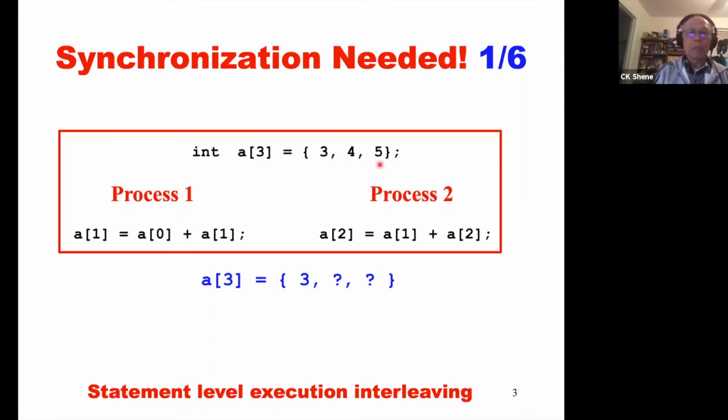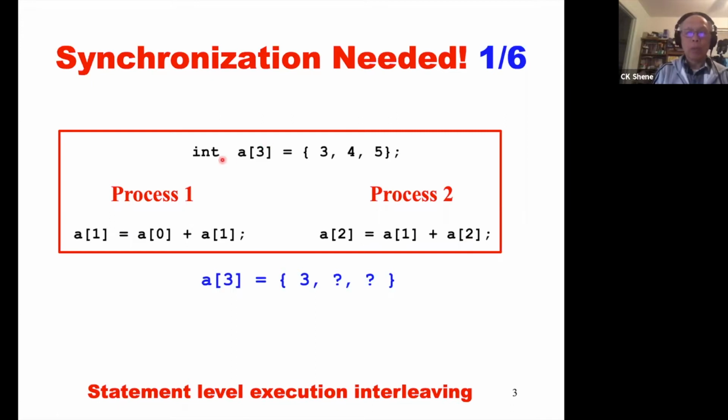Process 1 adds A0 and A1 together. The result would be saved to A1, which modifies its original value. Process 2 takes the values in A1 and A2, computes the sum, and saves the result back to A2, overwriting the original value.